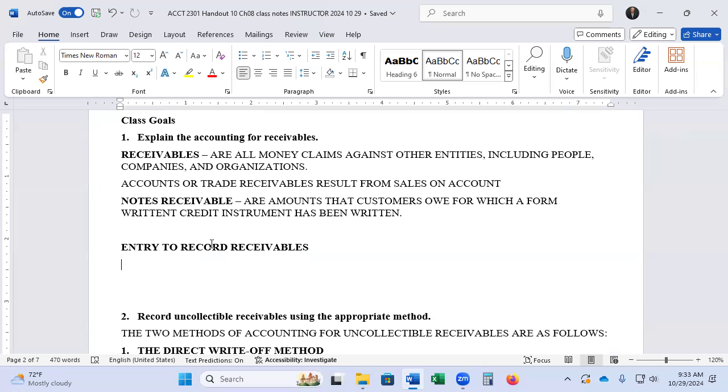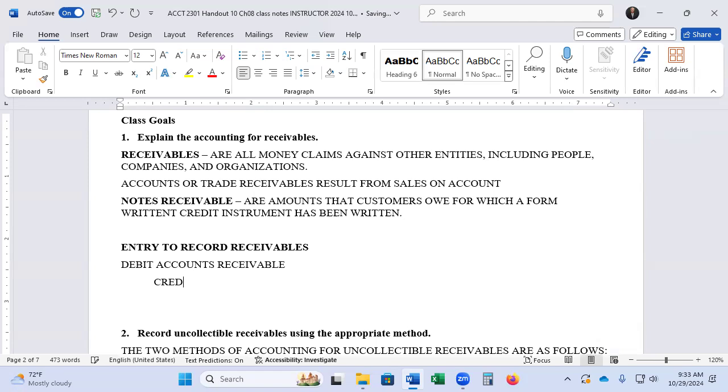You guys have probably already made this entry many times, but to record receivables, it's a debit to accounts receivable and a credit to sales.